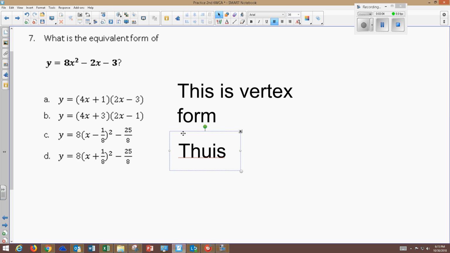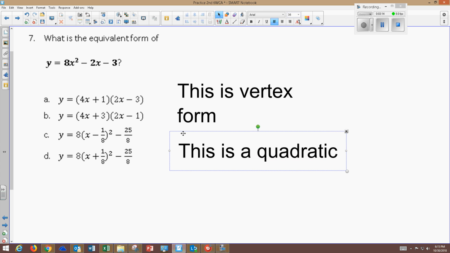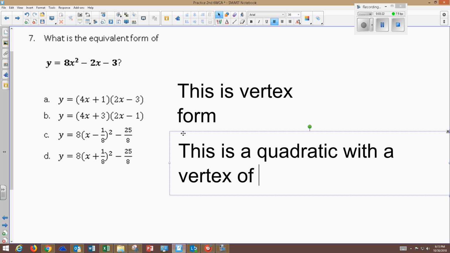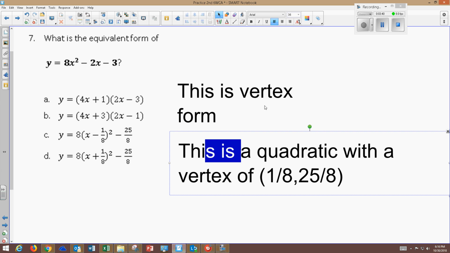So this is a quadratic with a vertex of, let's see, 1/8, 25 over 8. So that's what this is. Sorry, this is a vertex. All right. So that's what C is.